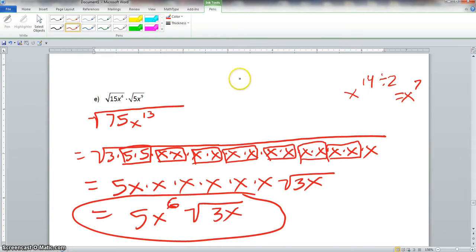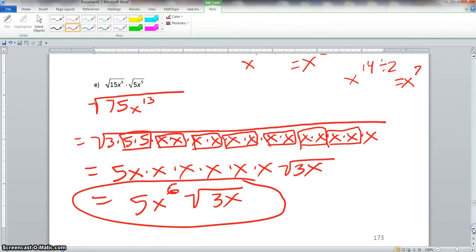So if we took this 13 and divided by that index of 2, 13 divided by 2 will give us 6 with the remainder of 1. So whenever you have that remainder of 1, that means it would be 1 x under the radical. So x to the 13 divided by 2 is 6.5, but we would just have the 6, which we have out here, and the remainder of 1 will be under your radical.